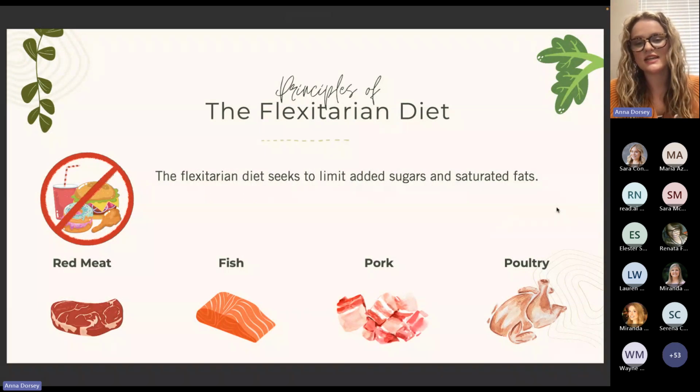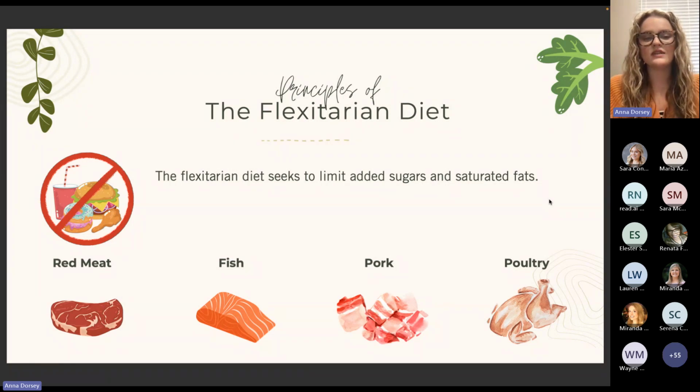And then the flexitarian diet does seek to eliminate or limit the amount of added sugars and saturated fats that you consume. And then, of course, we want to lower our amount of meat. That's everything from red meat, fish, pork to poultry. And again, just to emphasize, this is not a complete elimination of these foods. Simply, we want to lower our consumption of these foods.